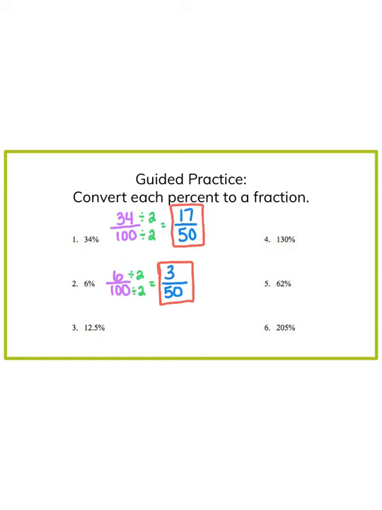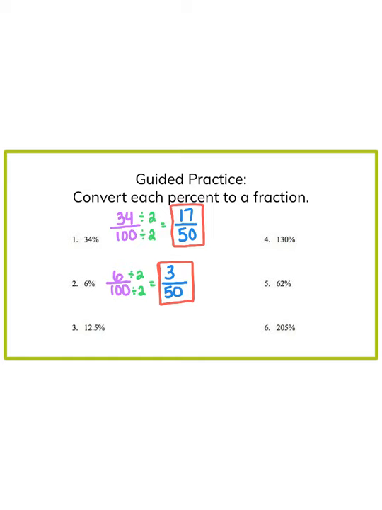Most of the time, we can convert percents to fractions by placing it over 100 and simplifying. But whenever you see a percentage with a decimal point, that's when we have to use the other way of converting. So first we need to convert 12.5% to a decimal and then to a fraction.